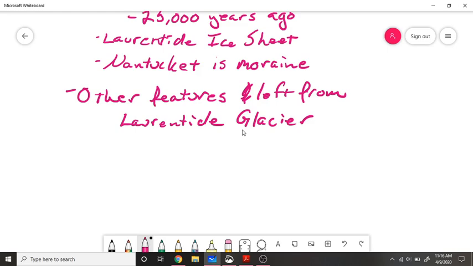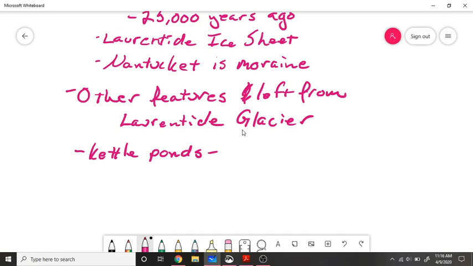Other features left behind by the Laurentide Glacier are kettle ponds. A kettle pond occurs as the glacier is retreating. It breaks off a piece of ice that it leaves behind. That ice melts, and as it melts, it fills the little depression in the ground with water.